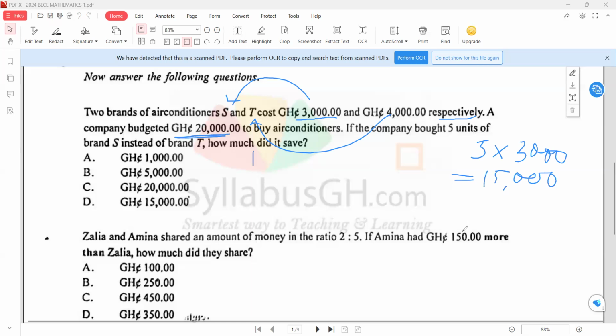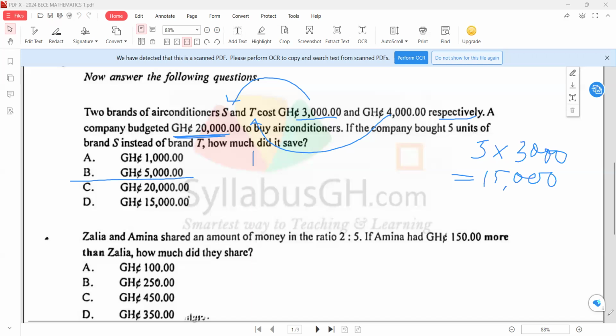And the company budgeted 20,000. So the amount saved is the amount budgeted minus the amount spent, which is 20,000 Ghana cedis minus 15,000 cedis. And the answer would obviously be 5,000 Ghana cedis.